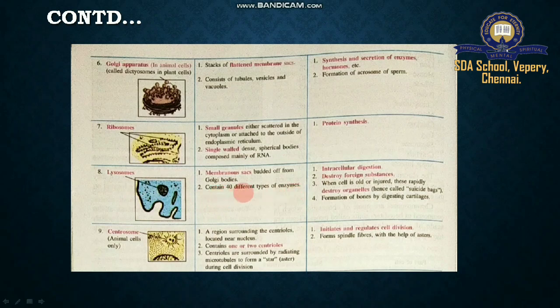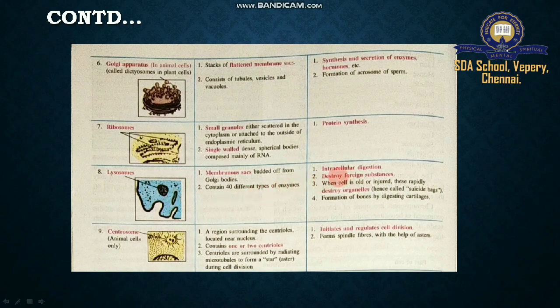It will catch and digest. The major function is intracellular digestion. What is intracellular? Digestion inside the cell. Intra and inter: inter means between two cells; intra means inside the cell.